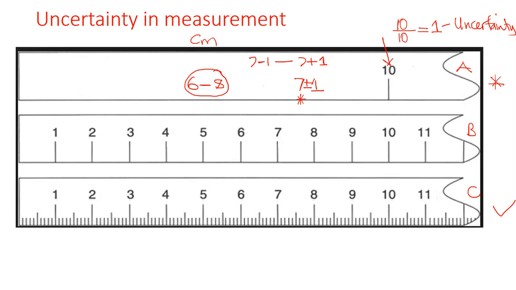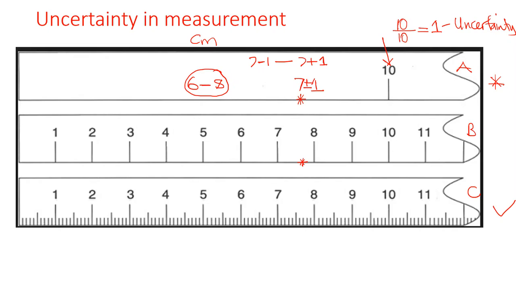Now let me move down to B. I have a point at a similar position. Now I want to determine my uncertainty using ruler B. What do I do? I still go to the smallest division. So here the smallest division is 1, because it's 1 here, 1 plus 1, 2, plus 1, 3, plus 1, 4.